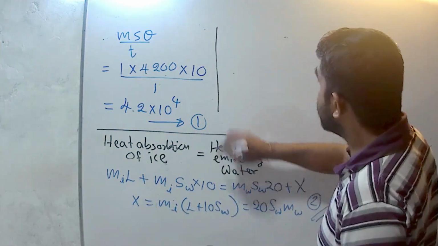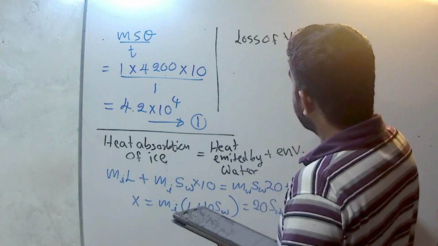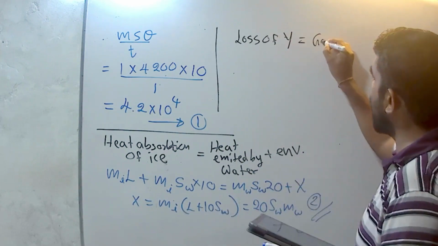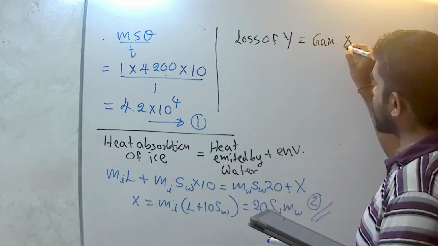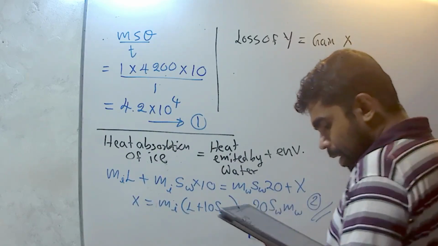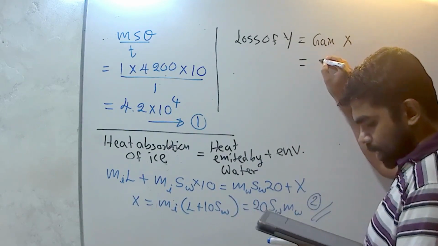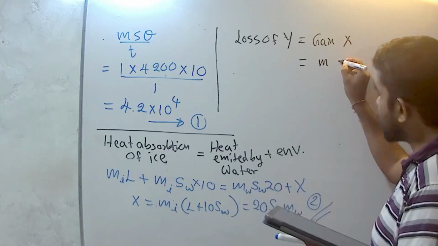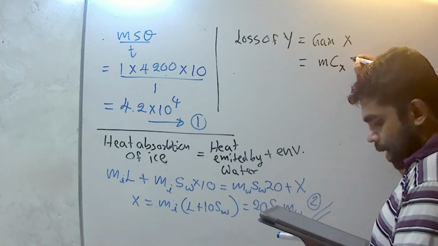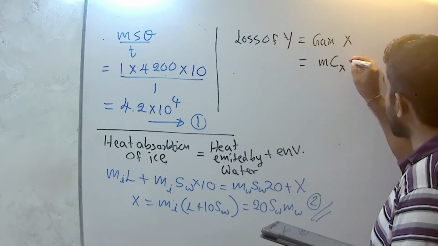We can obtain that the heat loss of Y should be equal to the heat gain of X. We can obtain m s theta: mass of X, m, specific heat capacity Cx, temperature difference 0 to 20, it is 20.